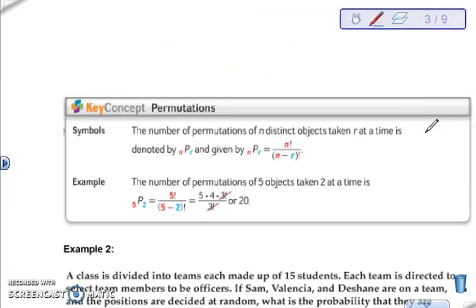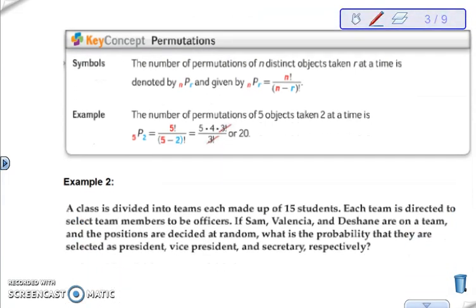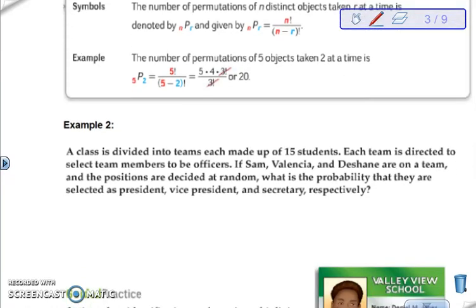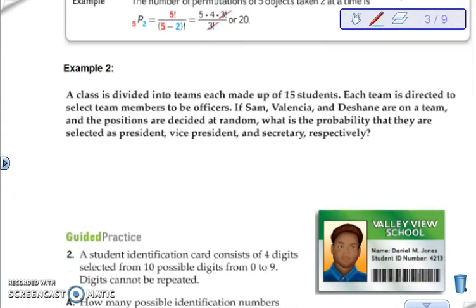A permutation basically means a number of ways that you can arrange something. So if you are trying to calculate permutations, it's basically like you're doing a factorial, but instead of going all the way down to 1, you're only counting a certain set of numbers. So, if we look at example 2, we've got 15 students.